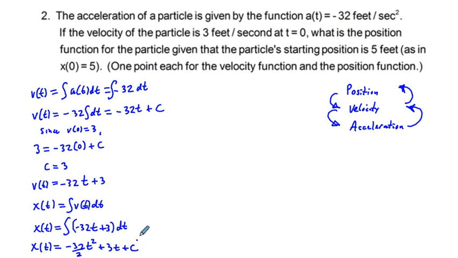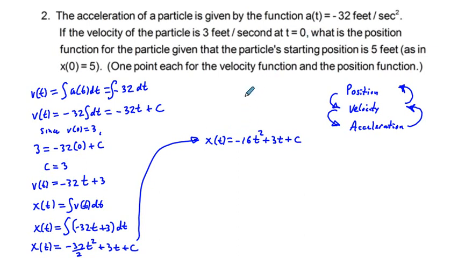And so now I'm just going to bring this up here and rewrite this. We're going to have x of t is equal to negative 16 t squared plus 3t plus c.